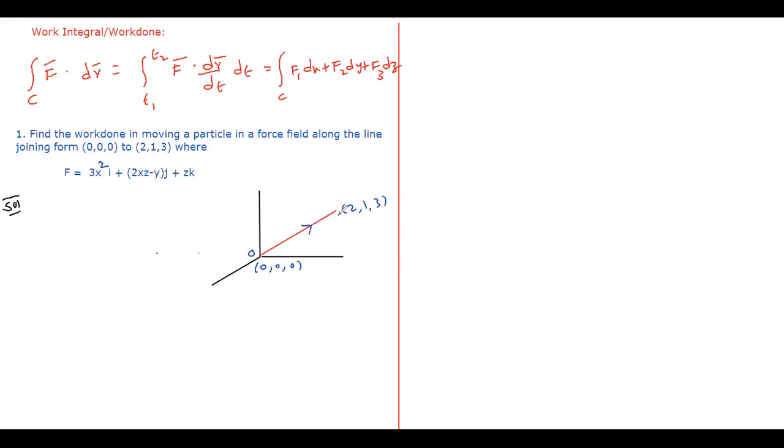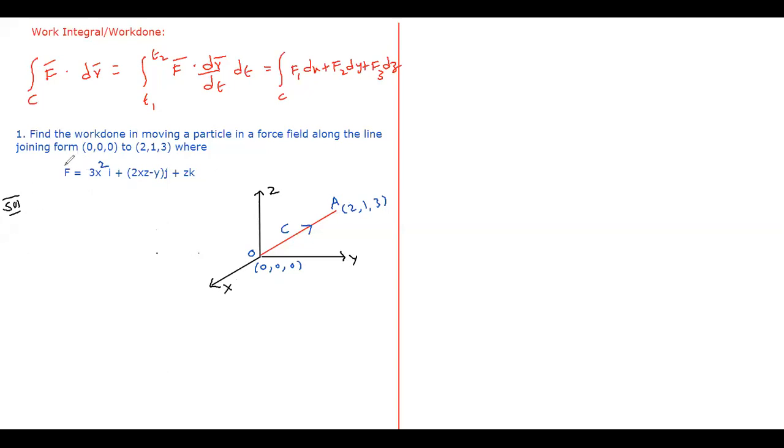Call this as O, call this as A. So call this as C. So this is x-axis, this is y-axis, and this is the z-axis. Okay. So whenever it is possible, you please try to draw the graph of the curve and try to visualize this.